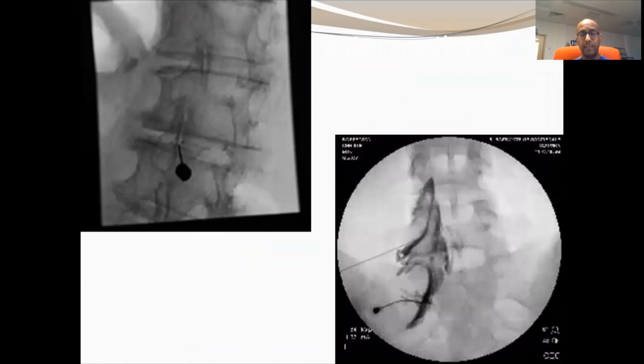We also have a range of musculoskeletal techniques, so nerve root blocks shown in the bottom right, or joint injections, as many patients with Pompe's disease suffer from scoliosis as their disease progresses.